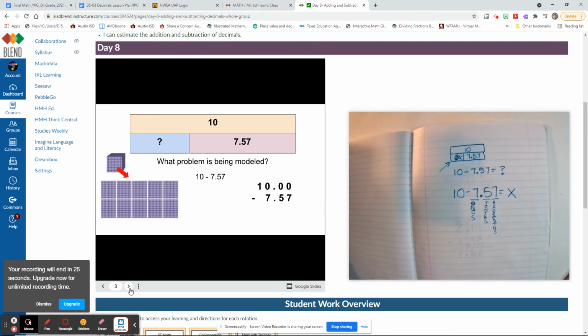So we're going to have to regroup. So they're going to break up one of those, I'm sure. And that's what they did. So they broke up one whole into 10 tenths and then broke up one of those tenths into 10 hundredths. So we did all the regrouping. Let's come back to the next video and see what that looks like compared to the algorithm, which always works.